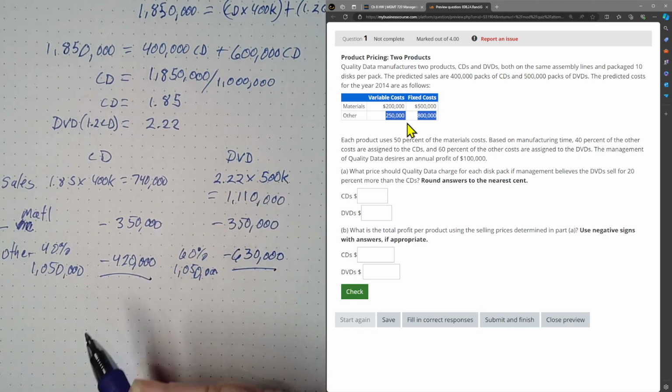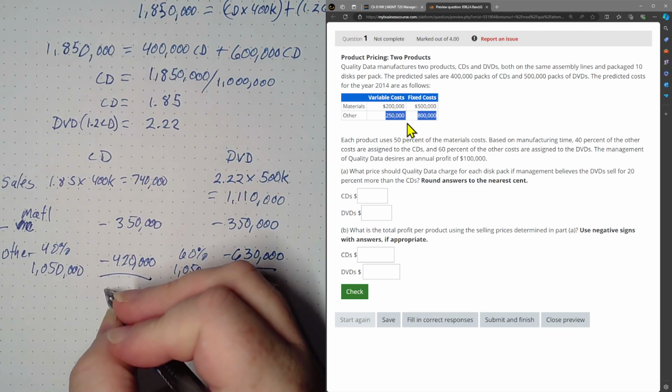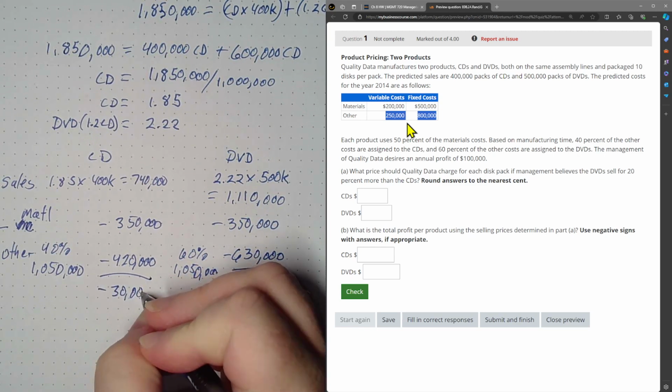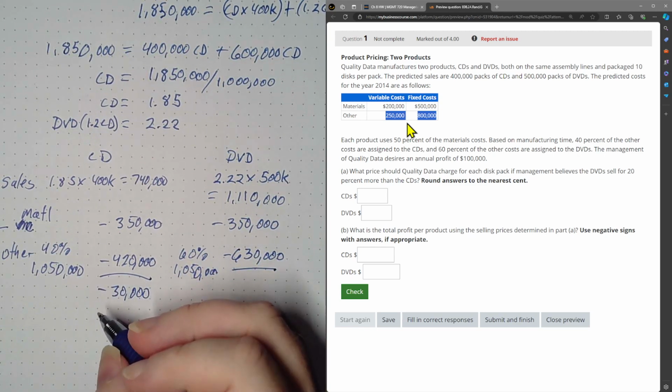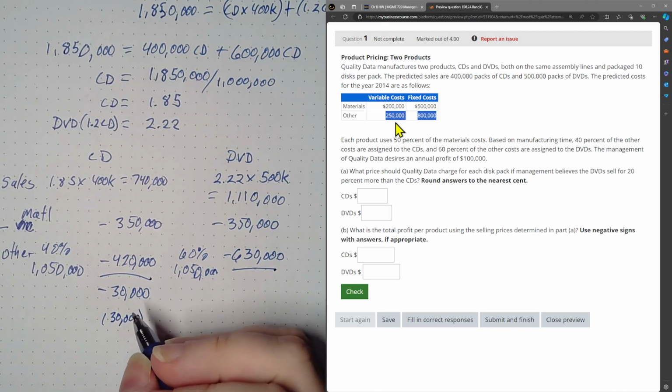So if I take this column, 740 minus 350 minus 420 is going to be minus 30,000. In accounting, we write it as minus 30,000, but here I think it says to use negative signs.